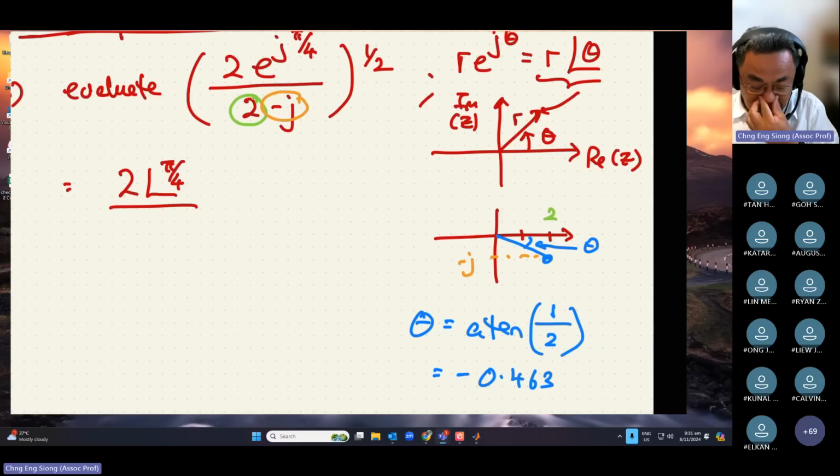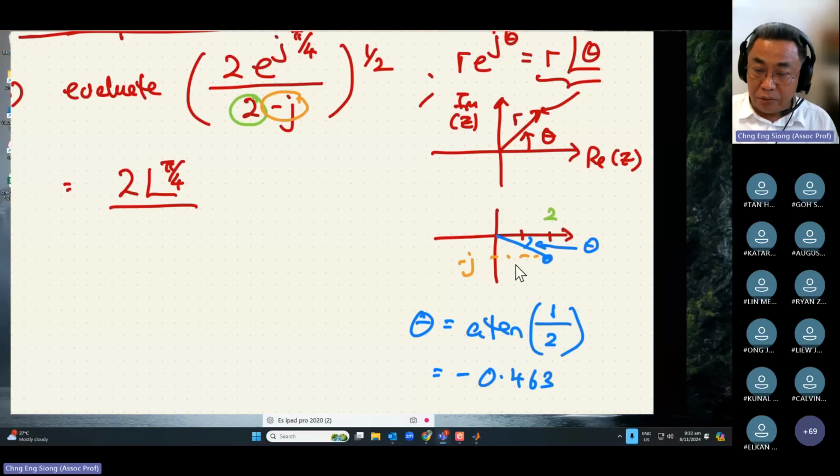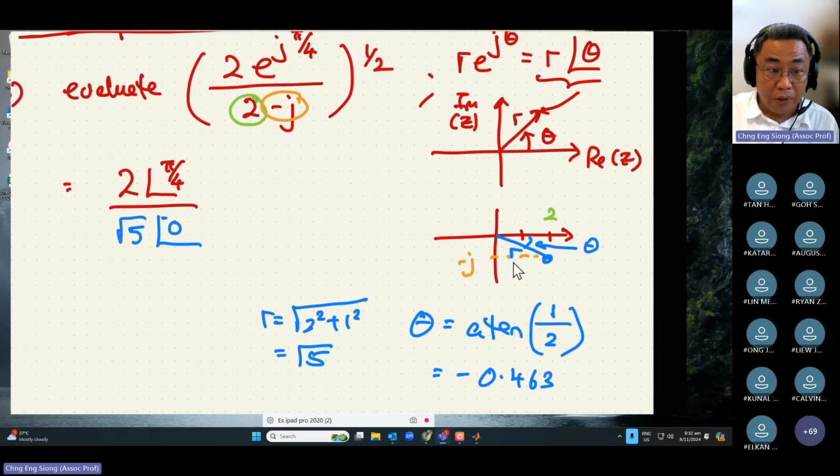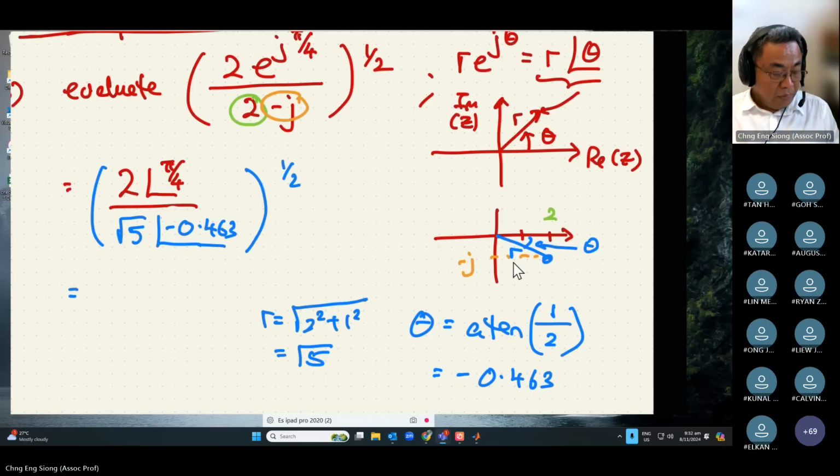So then the answer is, what about the magnitude? R equals the square root of 2 squared plus 1 squared, the square root of 5. So this is square root of 5 angle minus 0.463, and the whole thing grouped together to the half.